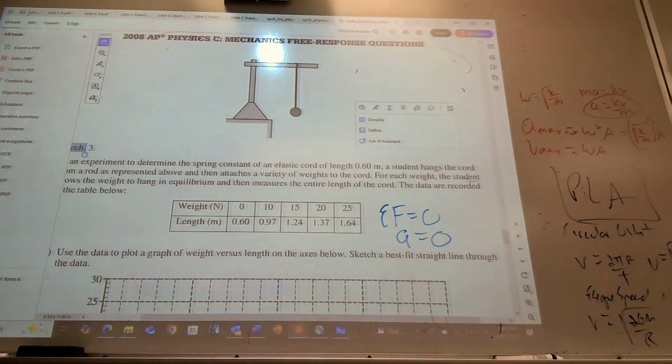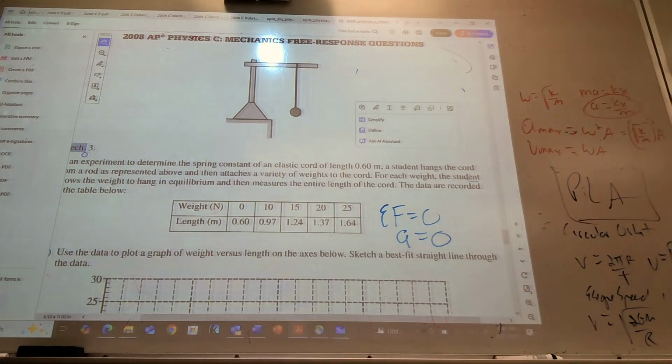So what causes that acceleration to be 0? Just, if you need to do your free body diagram... So, no, the thing was that I had this essentially... That's exactly right.